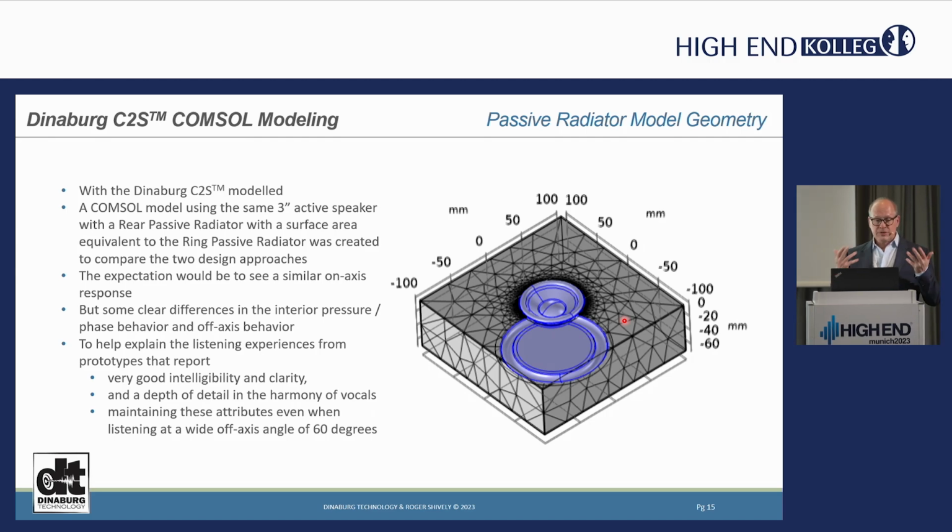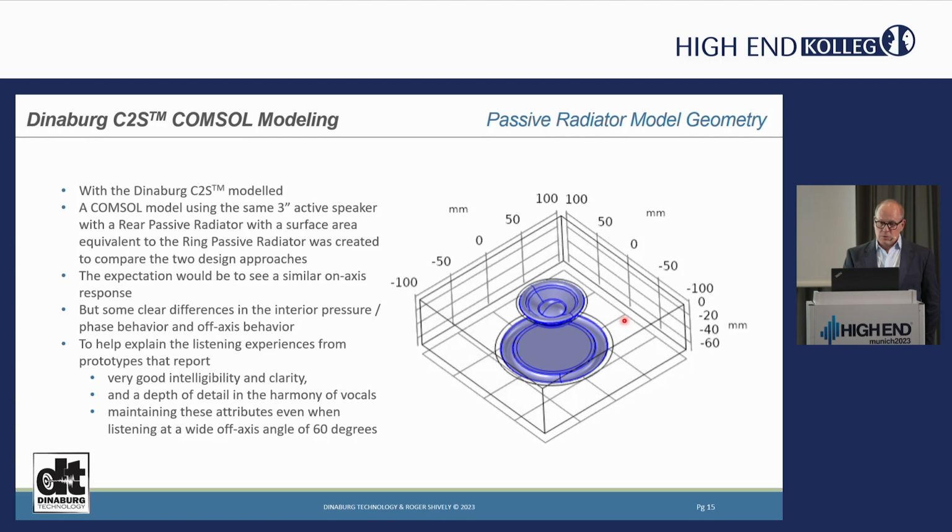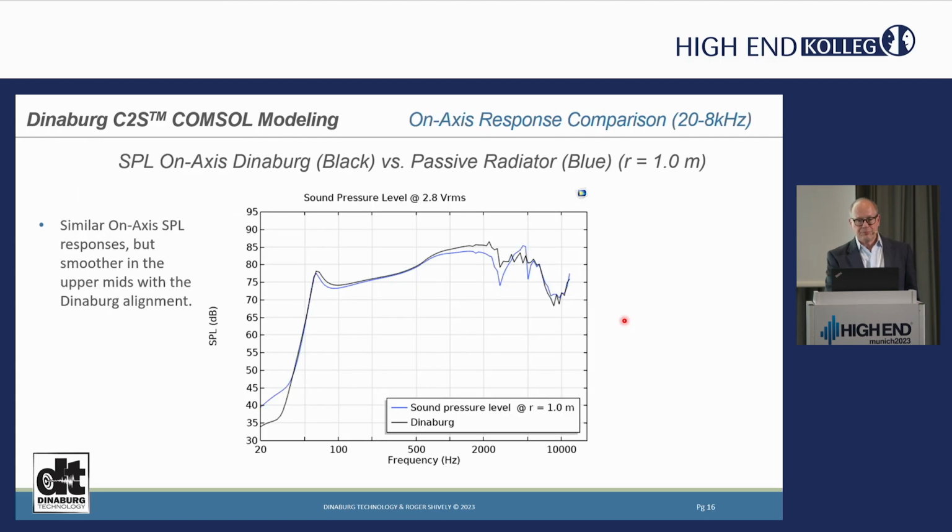There is a perceived difference in the intelligibility and the clarity, and there seems to be a little bit more depth and detail in the harmony of the vocals, and when you listen to the Dieneberg one, it tends to maintain this behavior when you're far off axis. So we wanted to see if there's any evidence that explained that between the two types of alignments. Instead of just putting a passive radiator on the back, is there a benefit of doing it in line, like the way the Dieneberg is set up? So we'll go ahead and take a look at this model.